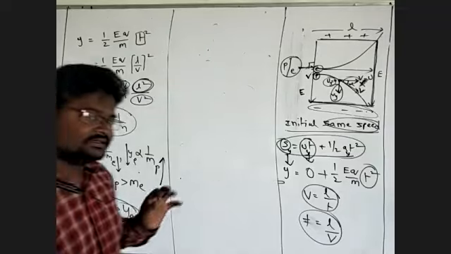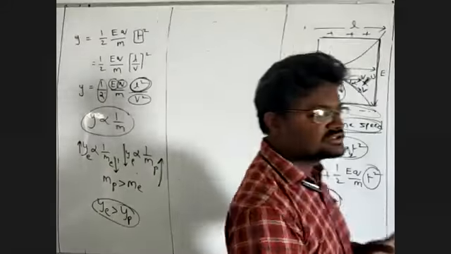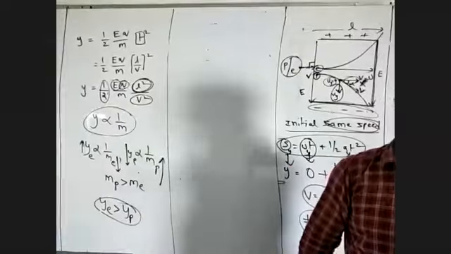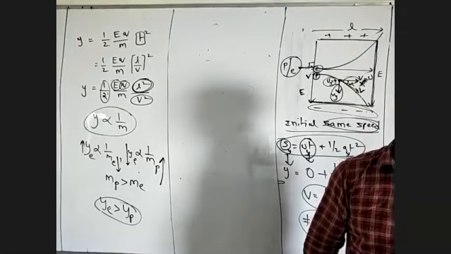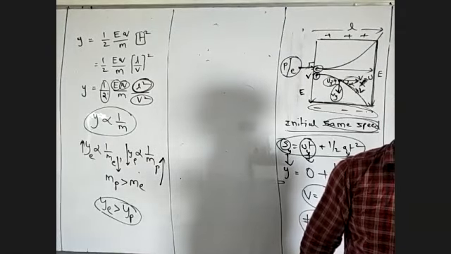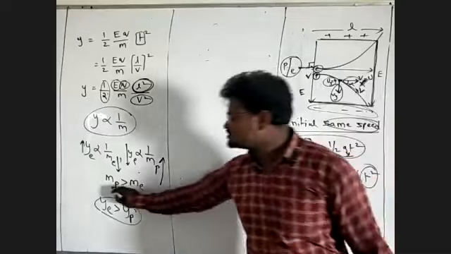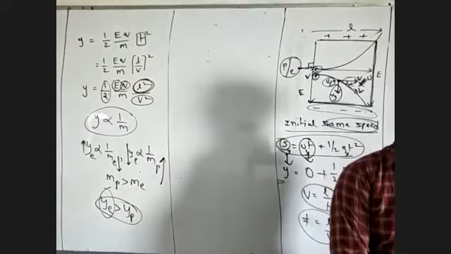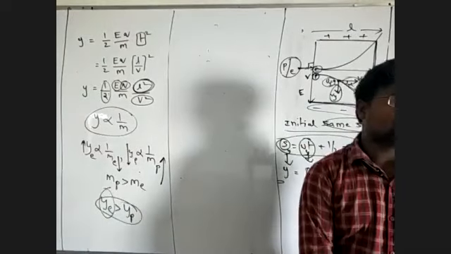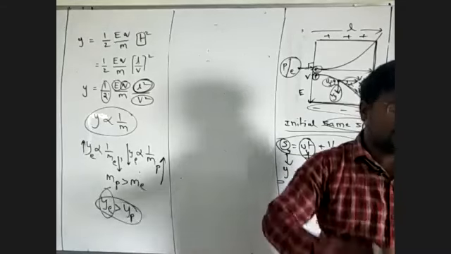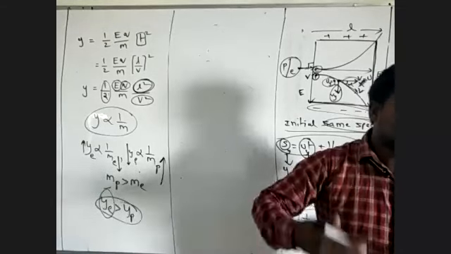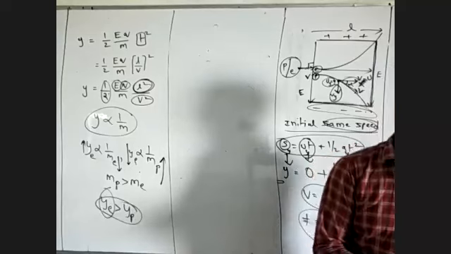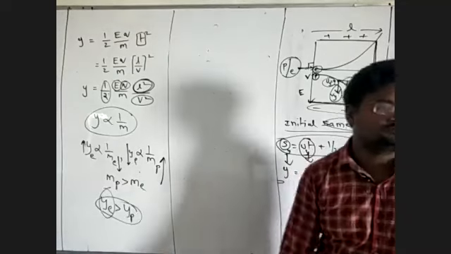Y means distance, so which charge will deviate more? The negative charge, the electron, will deviate more. That is the meaning of this.